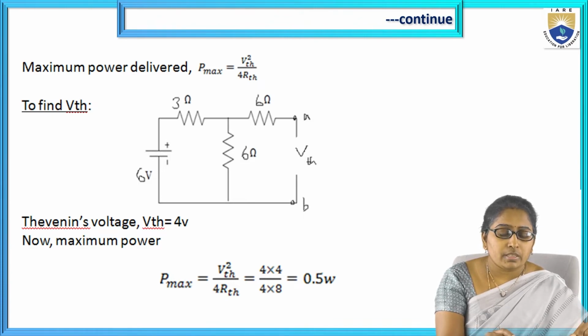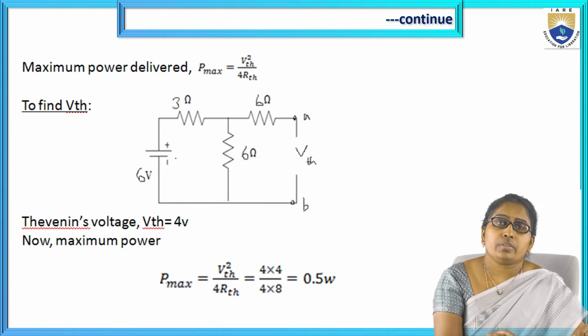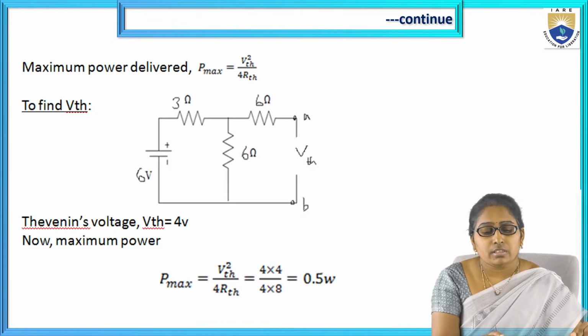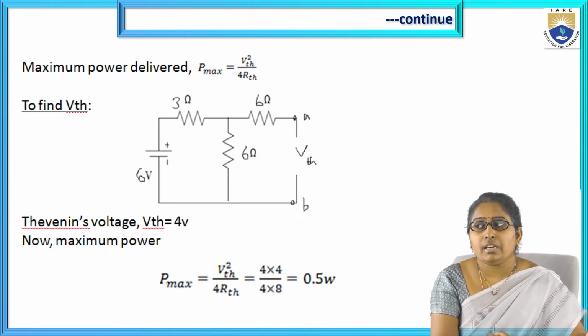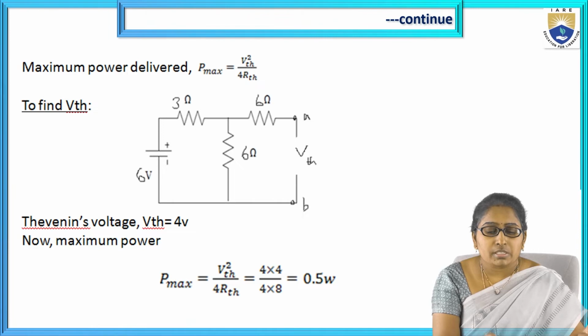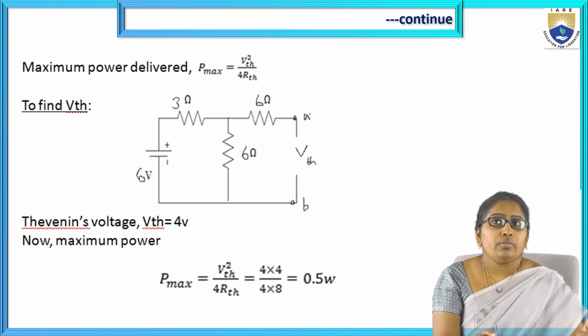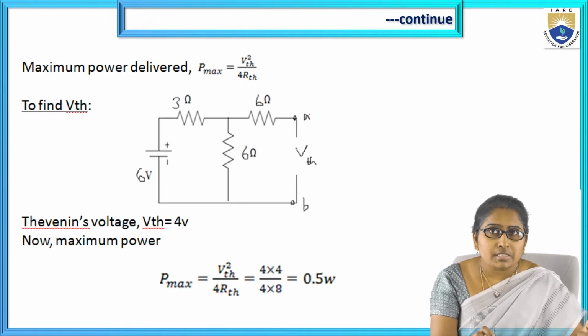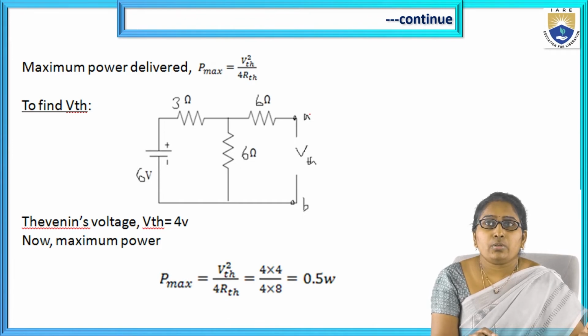The circuit is given like this. We already know how to calculate VTH, Thevenin's voltage. To find Thevenin's voltage, we remove the load resistance across the load terminals and find the load voltage.